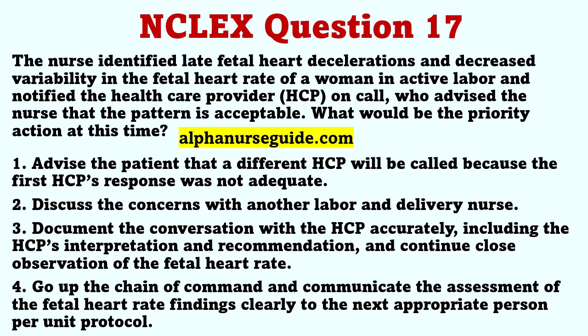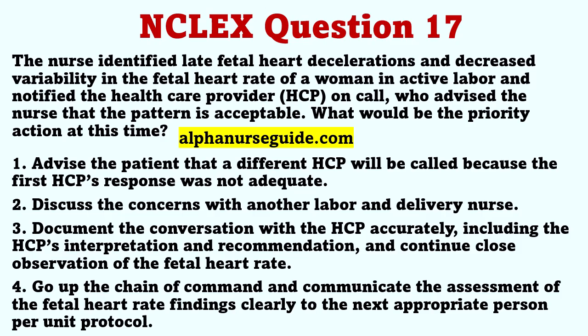Discuss the concerns with another labor and delivery nurse. 3. Document the conversation with the HCP accurately, including the HCP's interpretation and recommendation, and continue close observation of the fetal heart rate. 4. Go up the chain of command and communicate the assessment of the fetal heart rate findings clearly to the next appropriate person per unit protocol.